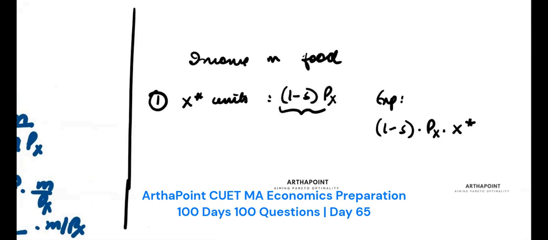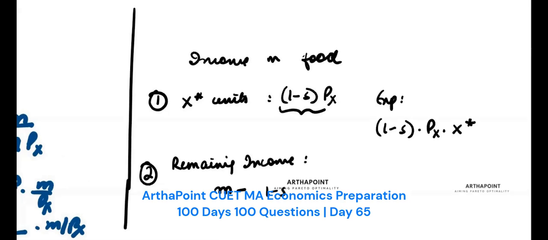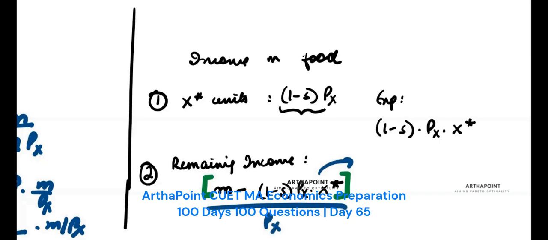And then from the remaining income that he has, what is his remaining income? Income minus the income that he has already spent. Because he's spending all his remaining income on only good X, whatever his remaining income is, he will divide that by PX. And that will give him the final amount.